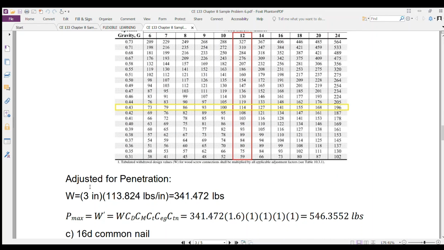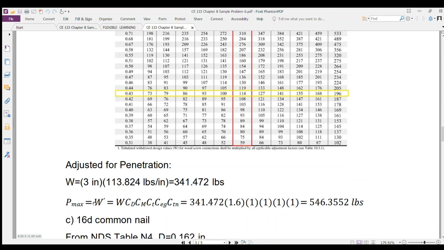Adjusting for penetration, multiplying by the depth of penetration of 3 inches, we have an adjusted value for W of 341.472 pounds. Now adjusting it due to the given load conditions and adjustment factors, we have 546.3552 pounds.